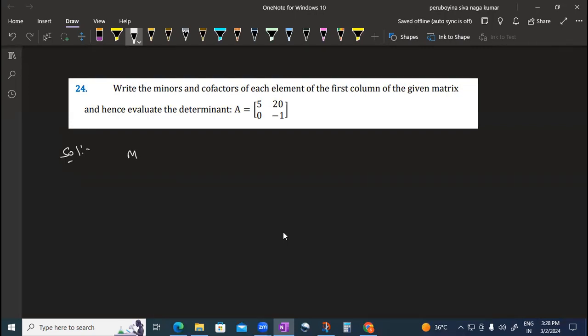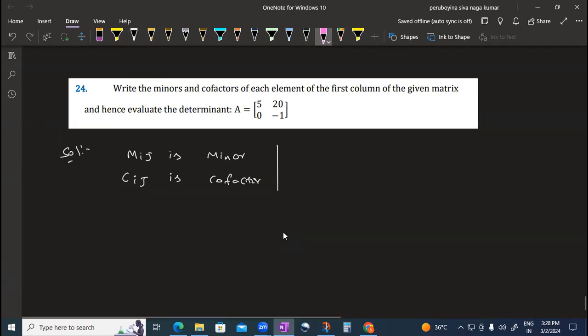Mij is called minor. Cij is called cofactor. So he is asking to calculate the first column's minors and cofactors.